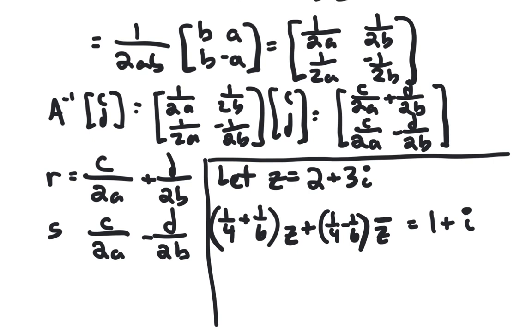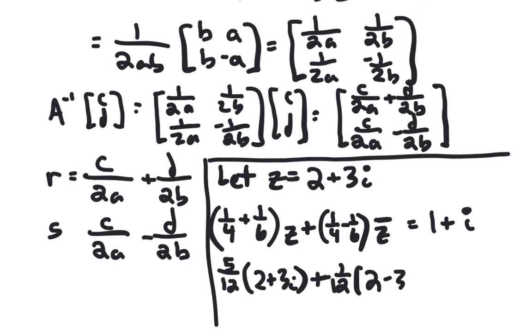So if you like, we can simplify this. This is 5/12 times 2 plus 3i plus, well, a quarter minus a sixth. So what's that going to be? That's like 3/12 minus 2/12, so that's 1/12 times 2 minus 3i.